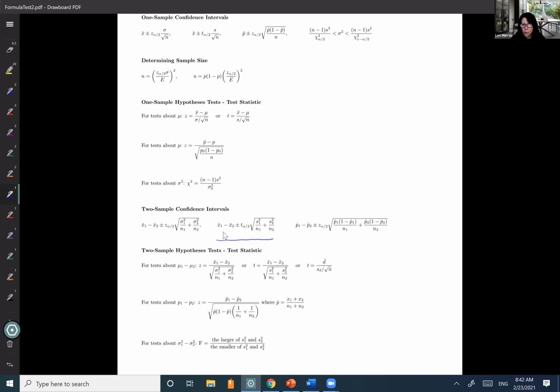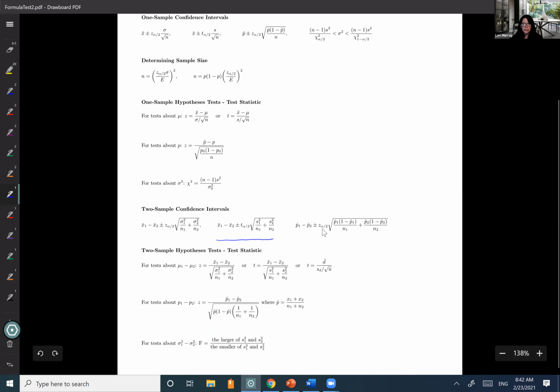Okay, and then the proportion. The difference of the proportion is always Z. You don't have to think about whether it's Z or T. It will always be Z. Proportion is always Z. And why is it always a Z procedure? It's because the sampling distribution for P hat, the sample proportion, is always normally distributed.